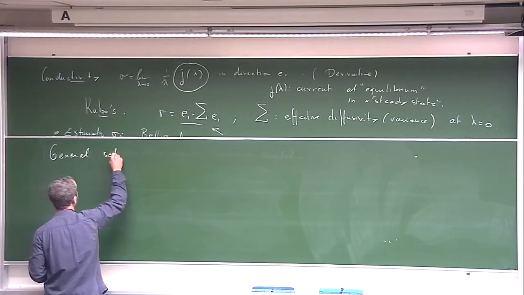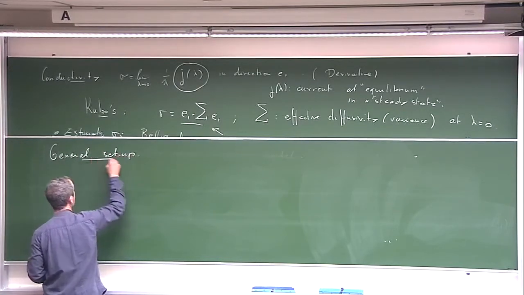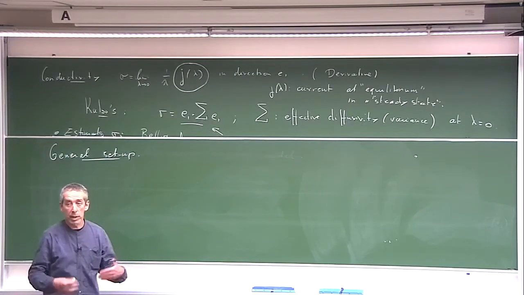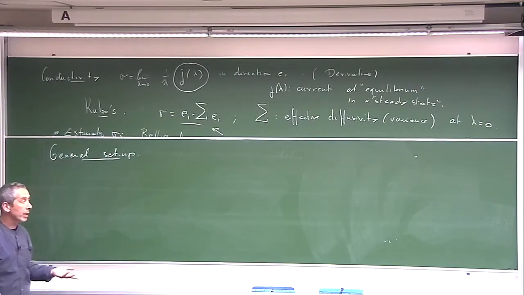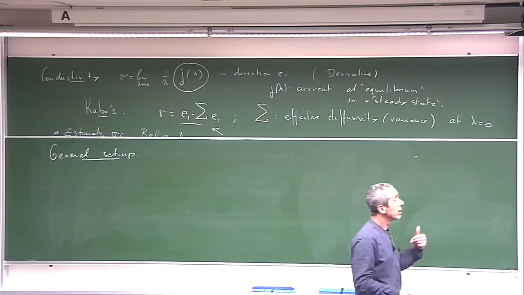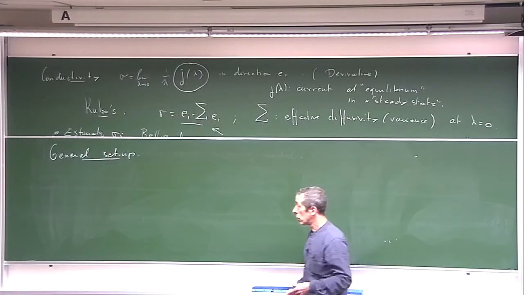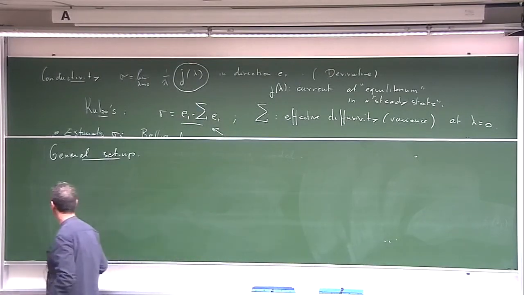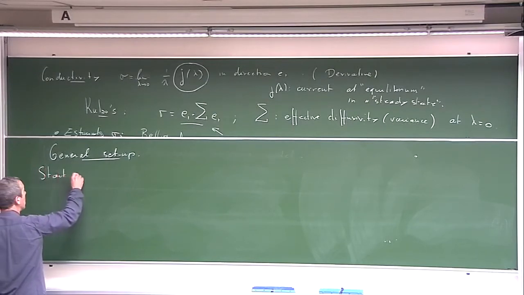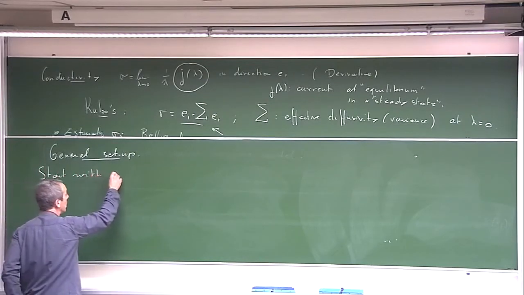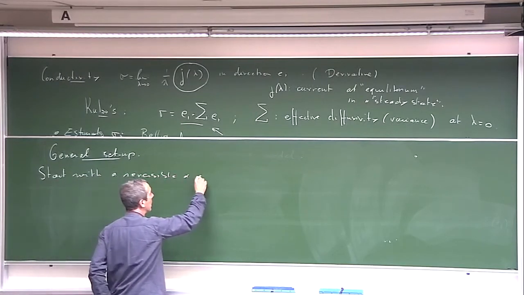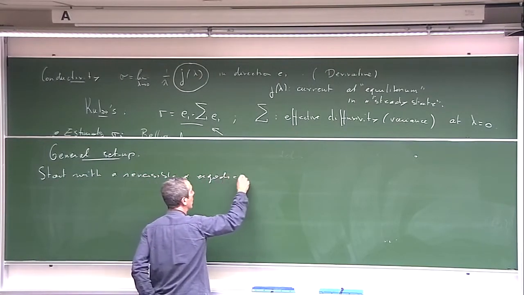I'm not going to be 100% precise about that, but what we start from is a reversible dynamics. In the case of diffusions, the reversible dynamics is the dynamics of the environment seen from the particle. So you can imagine doing something like this in the following sense. You start with a reversible and ergodic Markov process.